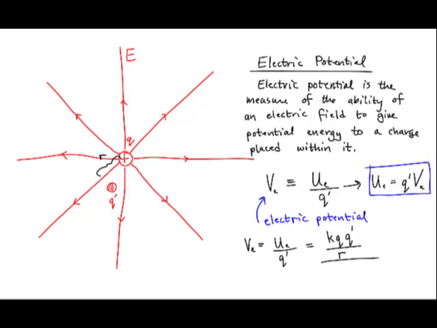And then this is divided by the charge that we place in the electric field. So these two charges cancel, and we get that the electric potential due to a single point charge is equal to kQ over r for a point charge.